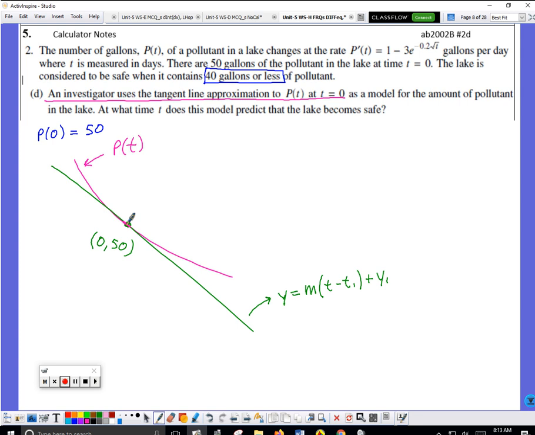So I'm going to write that down. I'll say P prime at time equals 0 is going to equal 1 minus 3 e raised to the negative 0.2 times the square root of 0, which is 0. And then what's e to the 0? 1. So then you have 1 minus 3, or negative 2.